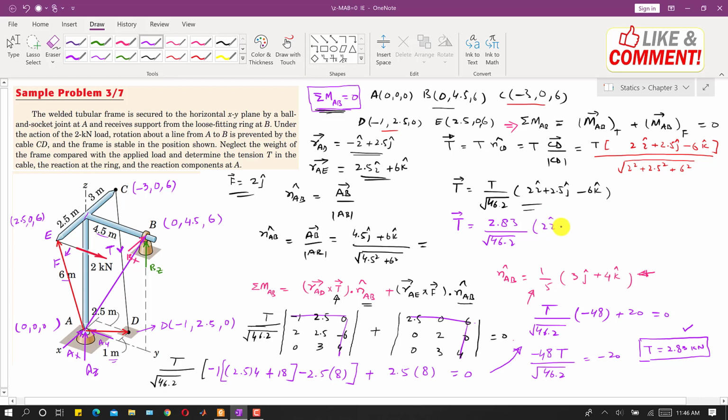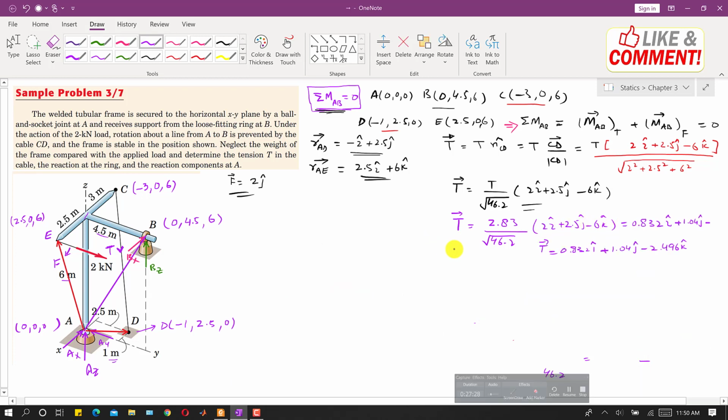This will be 2I plus 2.5 J minus 6K, right? Now we know all the components of the T vector as well. If we find this and multiply this, we know the components of this T vector. So let me find. Now this is our T vector, and this is the Tx component, this is Ty, and this is Tz.